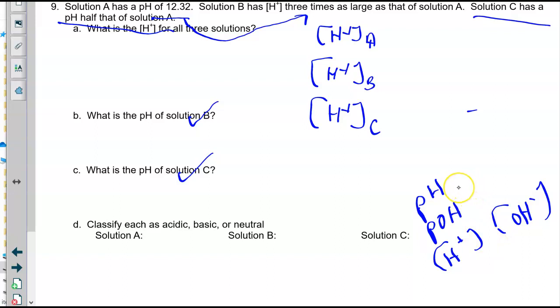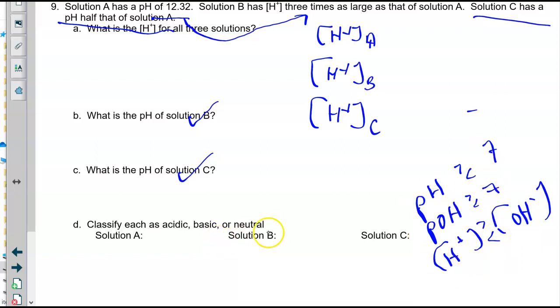So again, to figure out if something is acidic or a base, you can say pH is greater than or less than 7. You can talk about if something is acidic or basic if it has a pOH greater than or less than 7. And then you can compare whether H plus is greater than or less than OH minus. So these three methods are the ways that you can justify whether it's acidic.